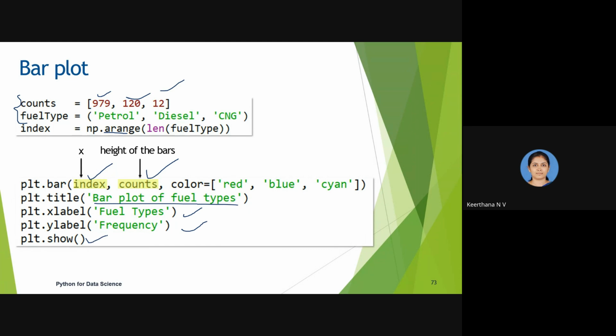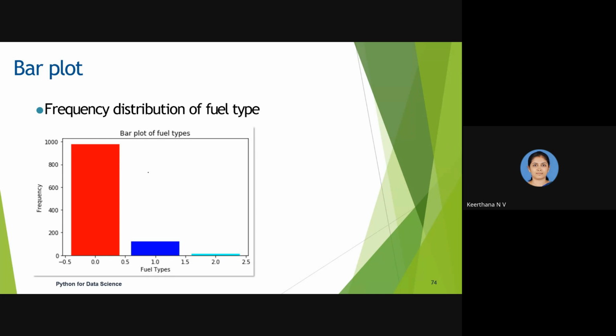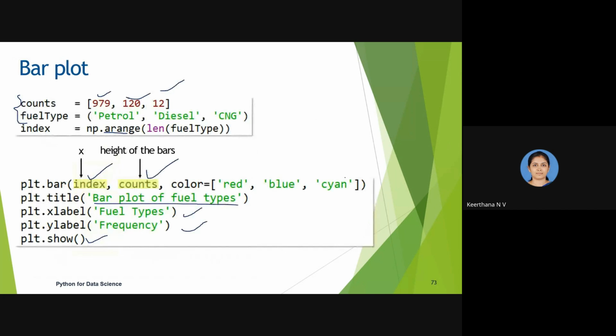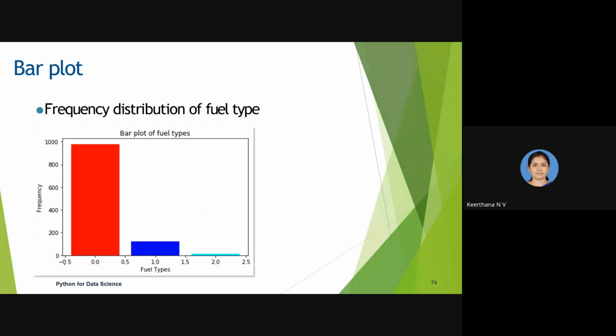After that, plt.show will give you the final bar plot. See here, I have given red, blue, and cyan: this is red, this is blue, and this is cyan. I'm getting frequency distributions like this.